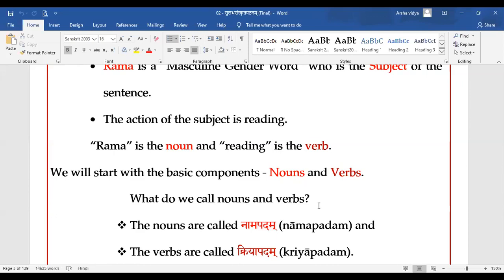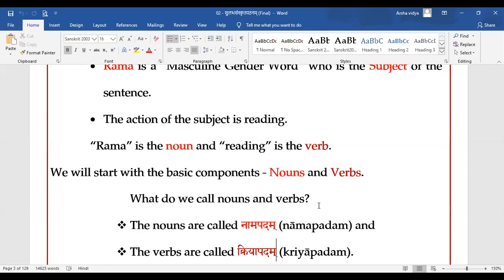Okay. And this Namapadam, instead of translating it as noun, let us use the words noun form. You can please note. Namapadam can be translated as noun form.